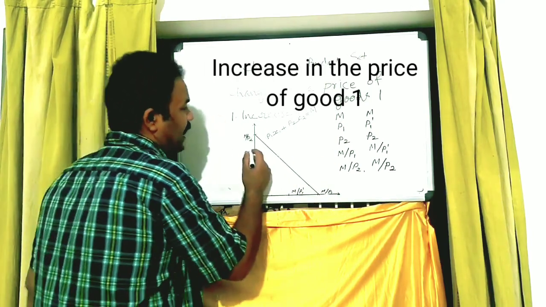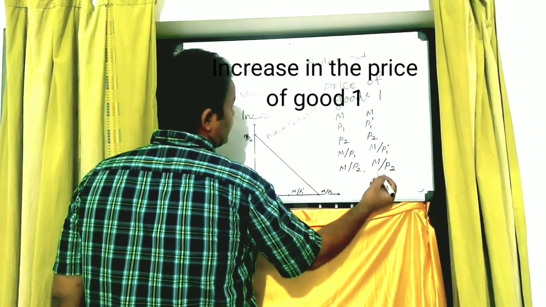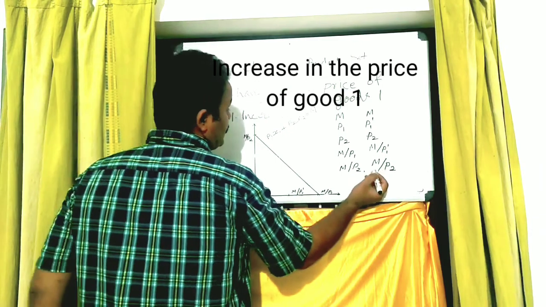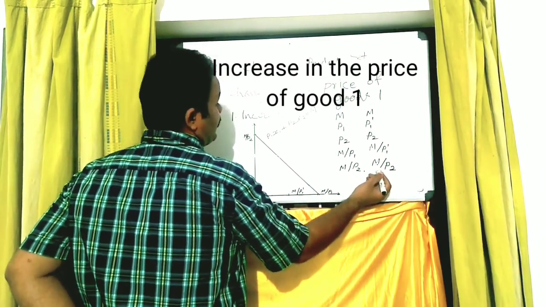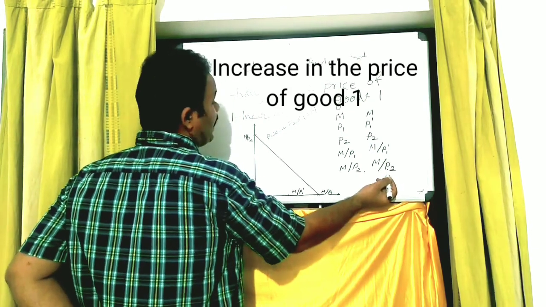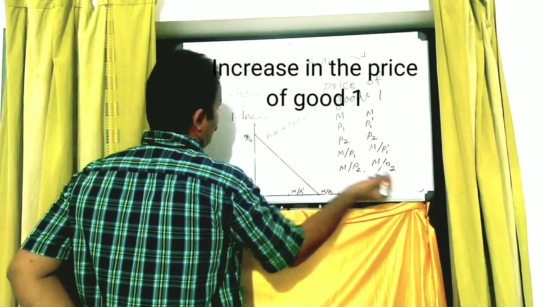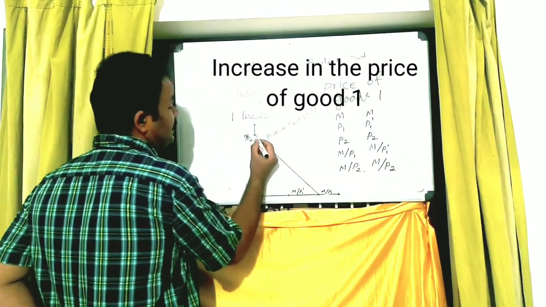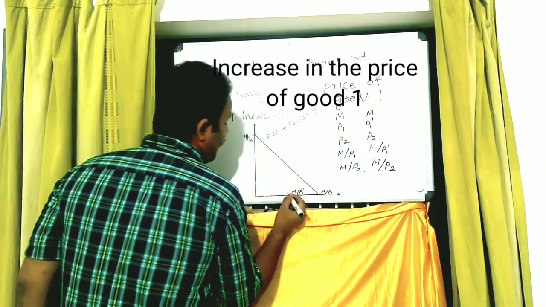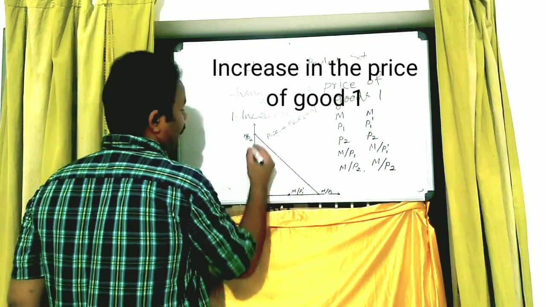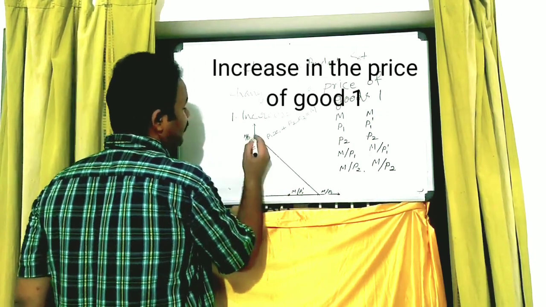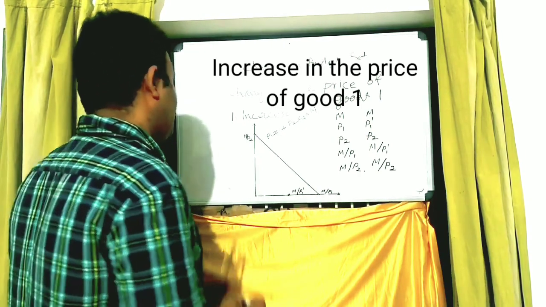Then we can see here there is no change in vertical intercept. Why? There is no change in the income of the consumer, that is M, and there is no change in the price of good 2. So M by P2 is the same here. Then M by P1 dash is here, M by P2 is here, horizontal intercept and vertical intercept.